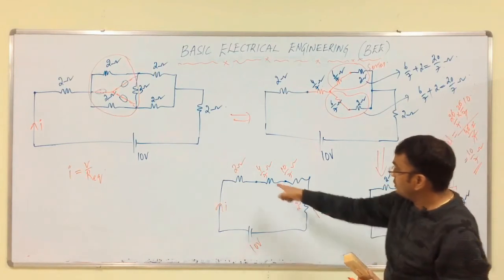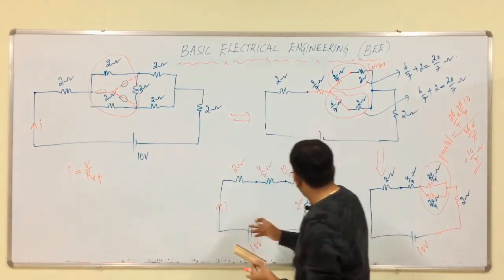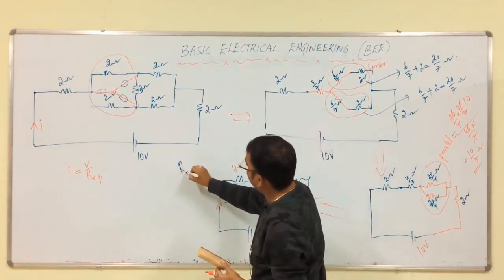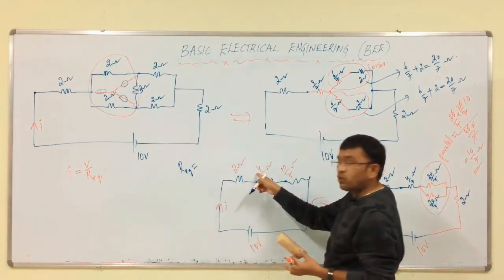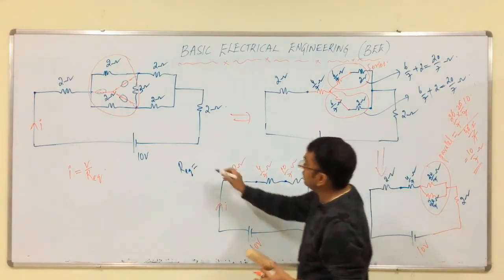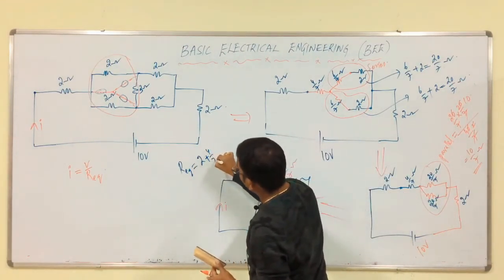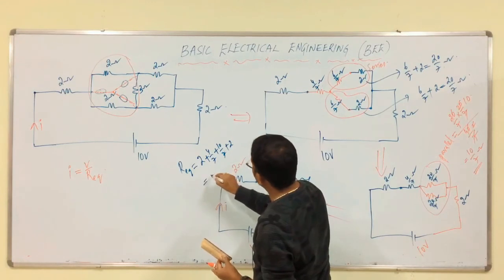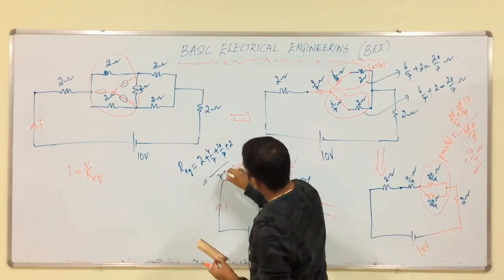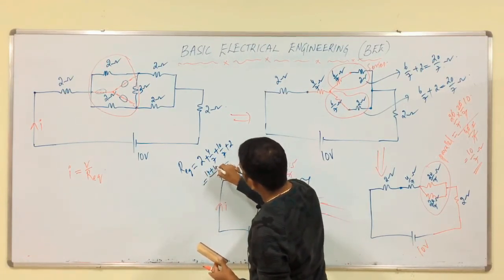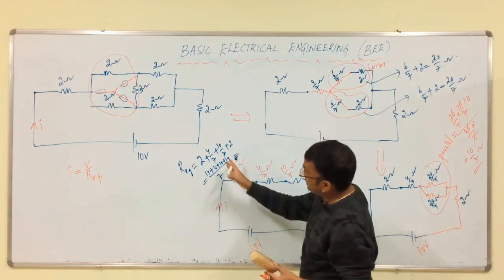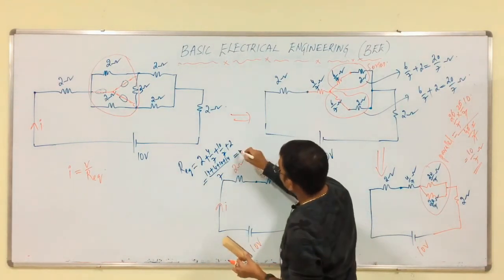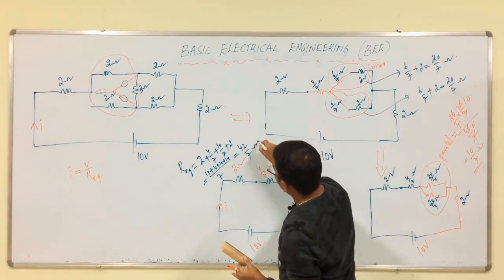Okay. So, R equivalent, from this R equivalent is what? 2 plus 4 by 7 plus 10 by 7 plus 2, which is equals to 14 plus 4 plus 10 plus 14, which is equals to 28 plus 10, 38 plus 4, 42 by 7 ohms.